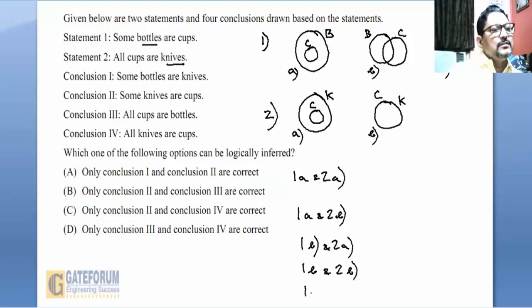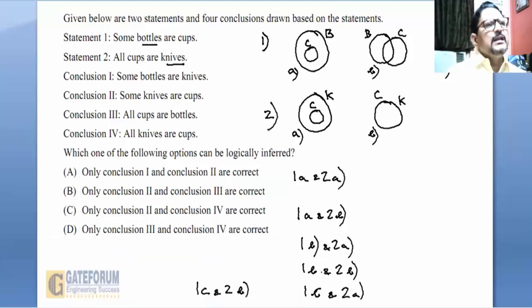And of course, I can also select 1C and 2A, and also 1C and 2B. But then we can clearly notice that C and B don't induce any difference between the combinations.